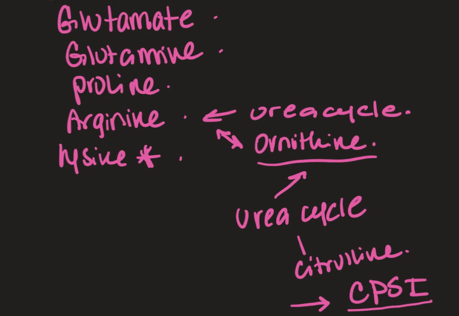And it does so by breaking down arginine. So the nitrogen excretion mechanism occurs in the livers of terrestrial vertebrates. And another important thing to know is that the urea cycle is linked to the TCA cycle by fumarate.